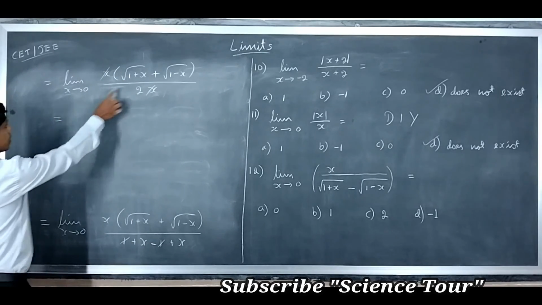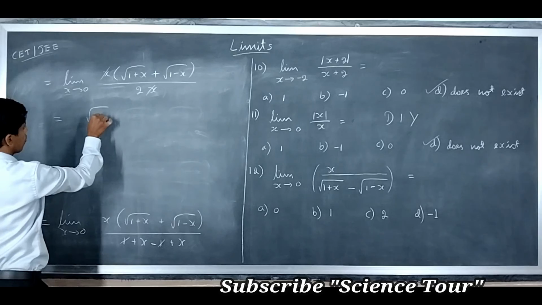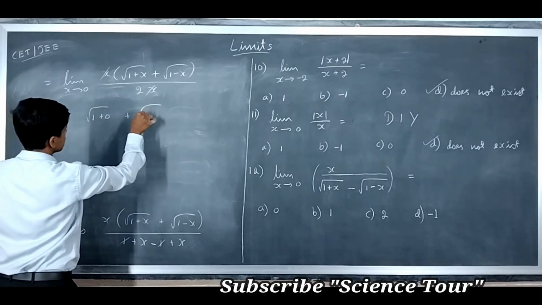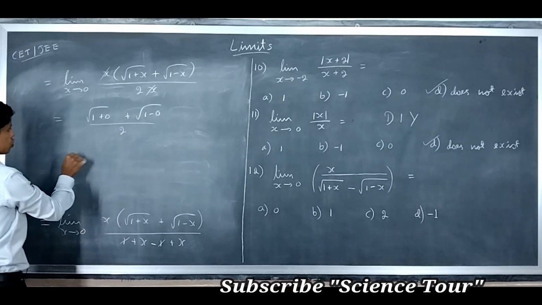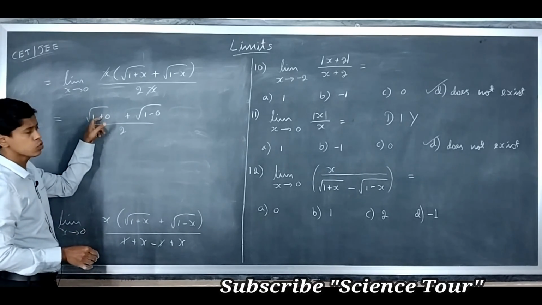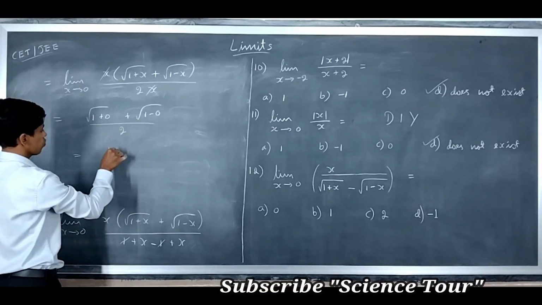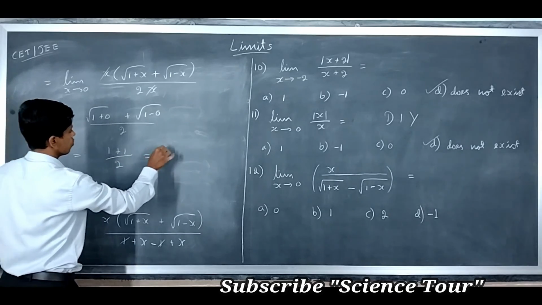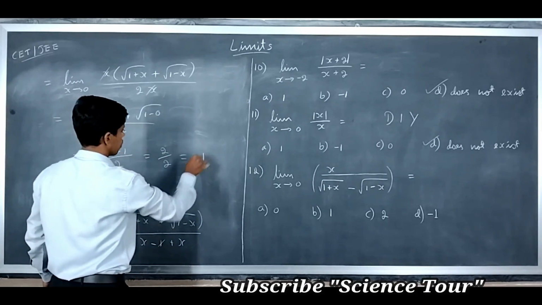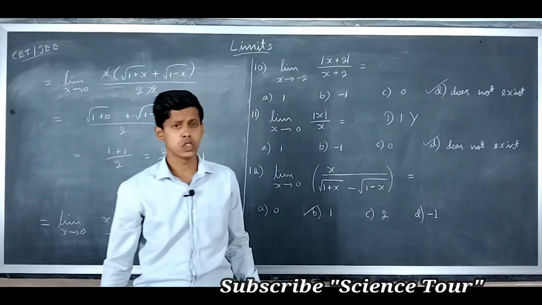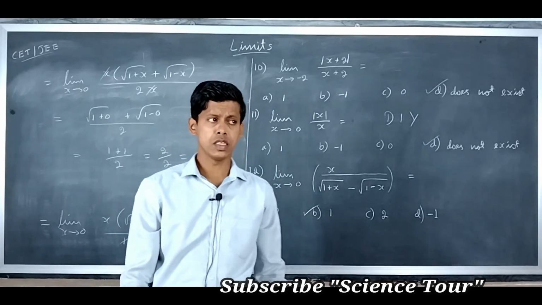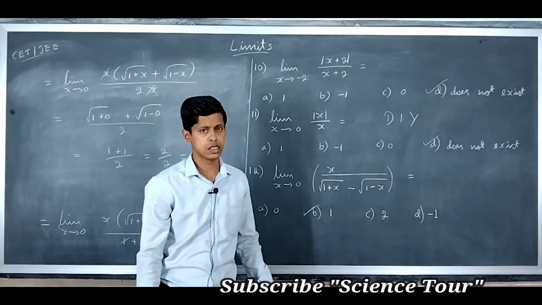Now when you apply the limit, this will be square root of 1 plus 0, and this is square root of 1 minus 0, divided by 2. So root 1 is 1 and root 1 is 1. So that is 1 plus 1 divided by 2, which is 2 by 2. Therefore, the answer is 1 for this particular question. So 12th question has given us option B as the answer.